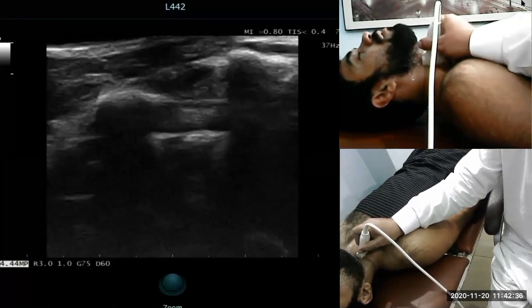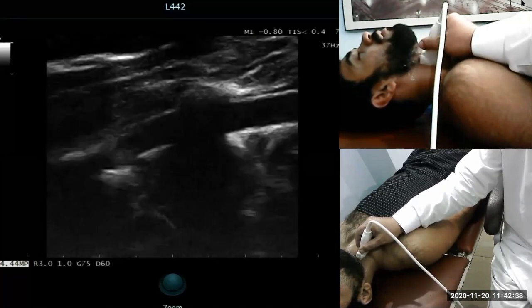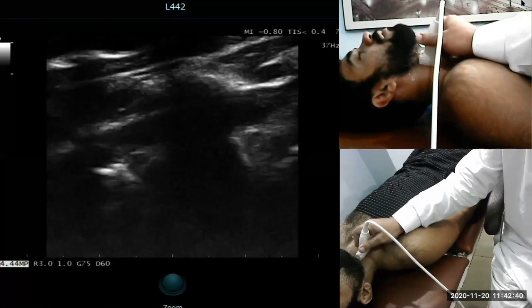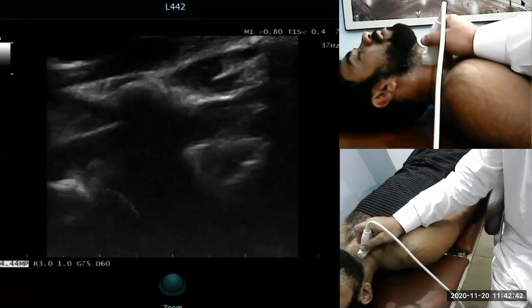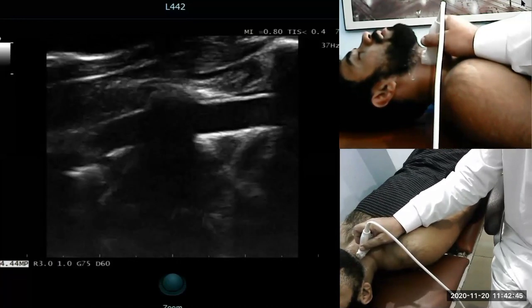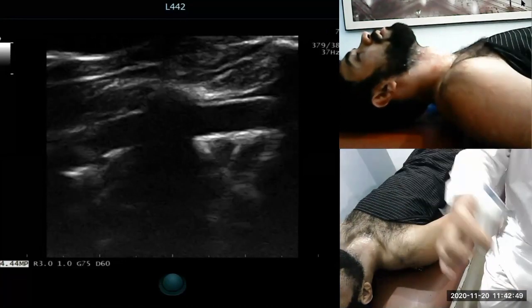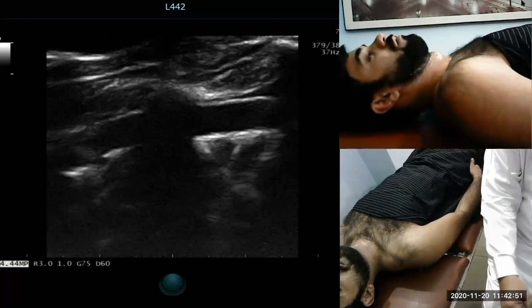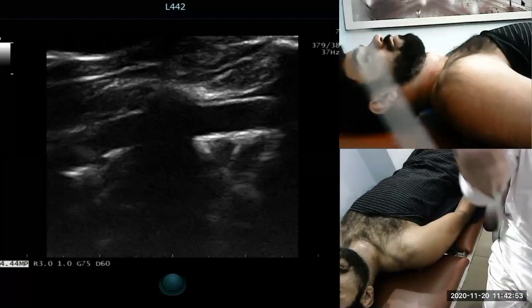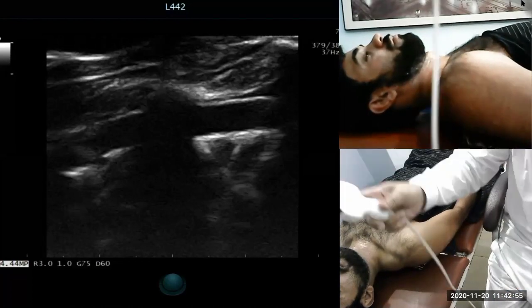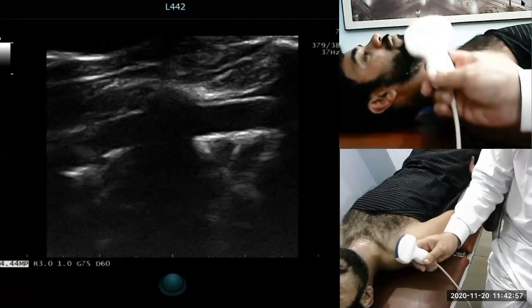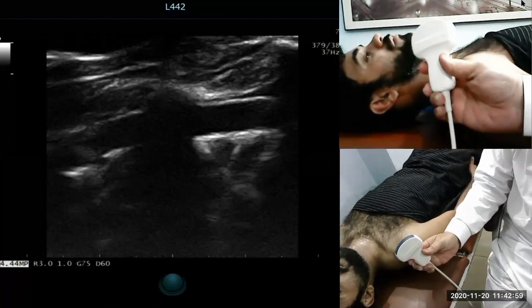And in those individuals, if the linear probe is not helpful because of its less penetrating power, then we will be using the convex probe.